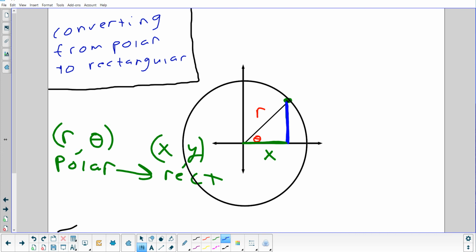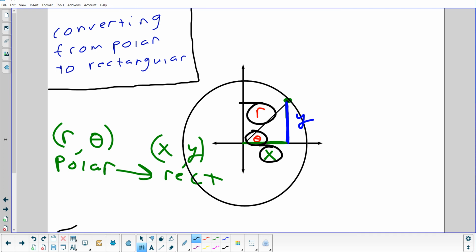Instead of telling me how far out you went on the circle and then an amount of rotation, you could tell me the length of the base of the triangle and the height of the triangle, and that would be an XY coordinate. So that's what we have to figure out, X and Y. Let's start with X. Let's say you want to find that, and you know that, and you know that.